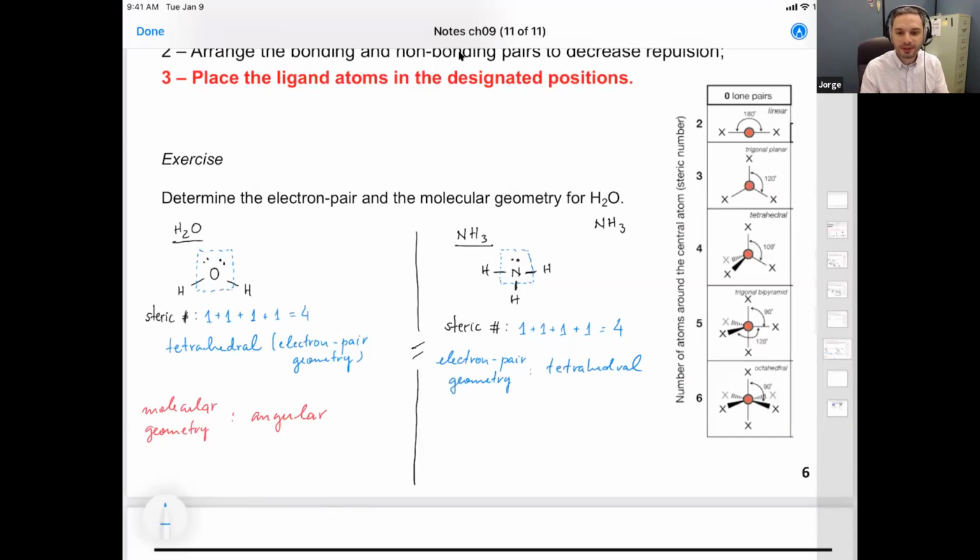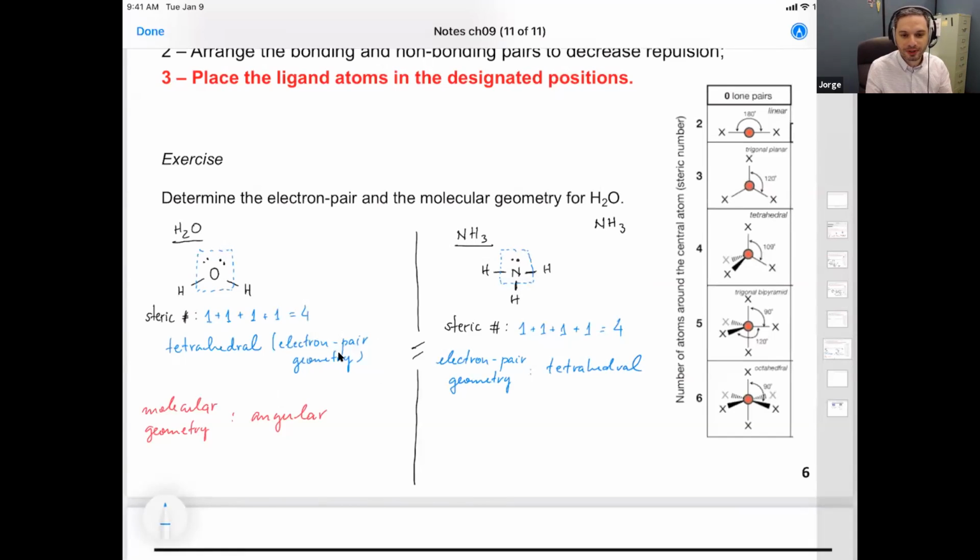In this case, for the electron pair geometry, we are looking at bonding and non-bonding groups. For the molecular geometry, we are just going to look at the bonding pairs connected to the nitrogen. So let's go back to the table.